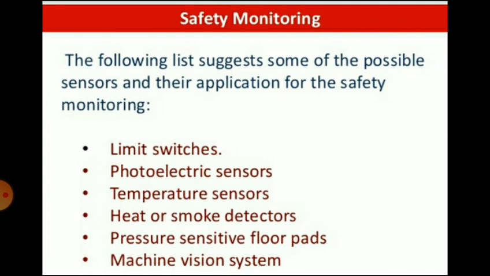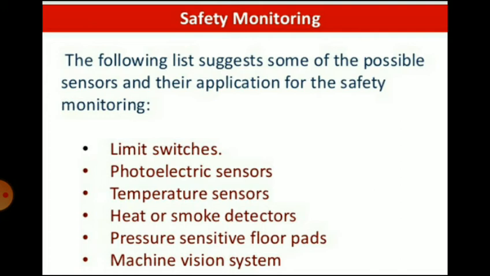Some of the possible sensors and their applications for safety monitoring are: first is limit switches. Limit switches detect proper positioning of the part in a work holding device so that the processing cycle can begin.